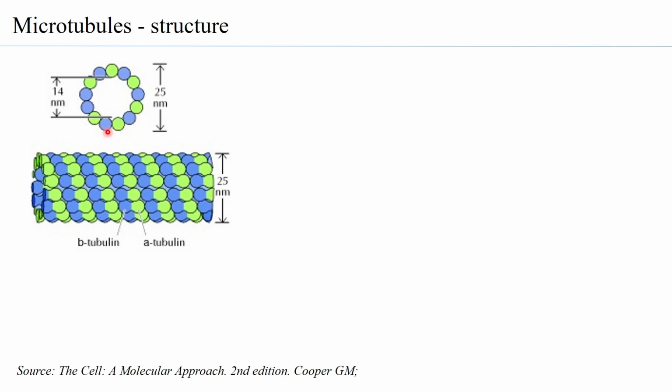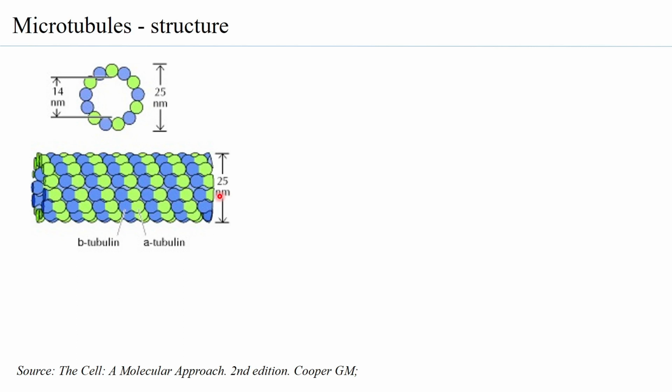But what we need to understand is that every microtubule is made up of 13 protofilaments. You count 1, 2, 3, 4, 5, 6, 7, 8, 9, 10, 11, 12, and 13. So there are 13 protofilaments that make up one microtubule. That is important to note.